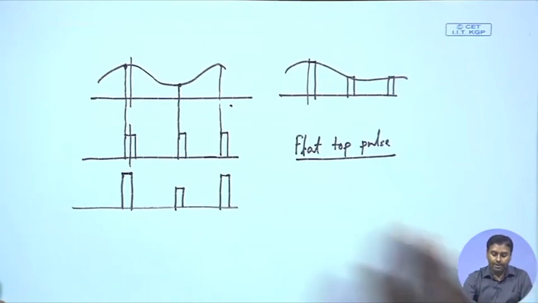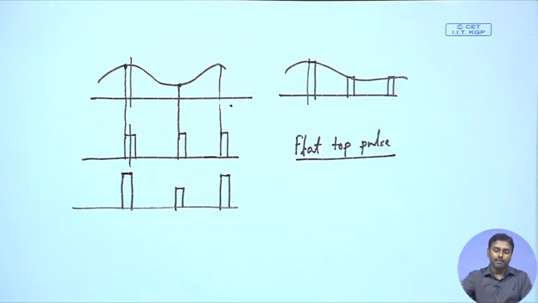This is done by a sample and hold circuit, which we will probably not discuss, because that is part of the circuit. If you look for sample and hold circuit, you will get plenty of examples of different realizations. With a sample and hold circuit, people do flat top sampling, or sampling with flat top pulses or a pulse train.